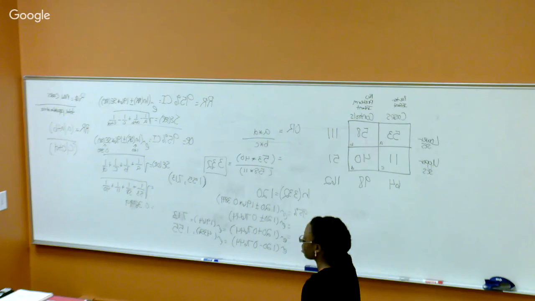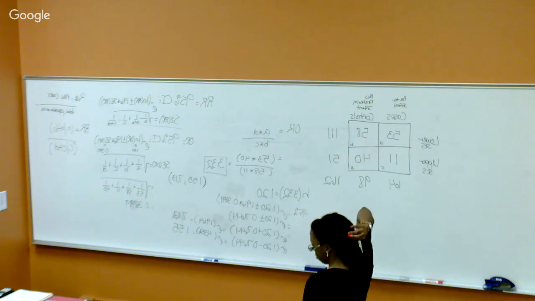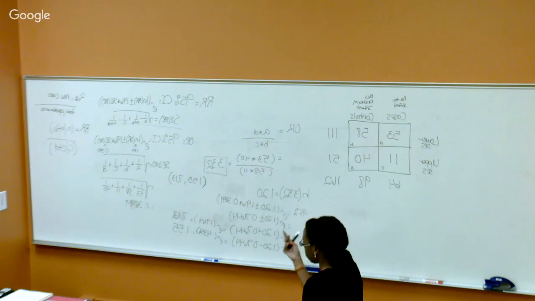So we would just say we're 95% confident that the true odds ratio is captured in the range between 1.55 and 7.13.